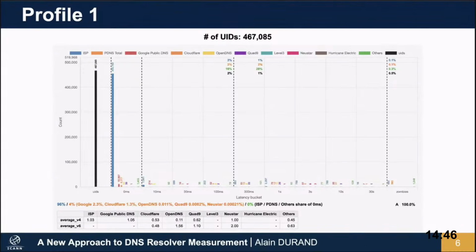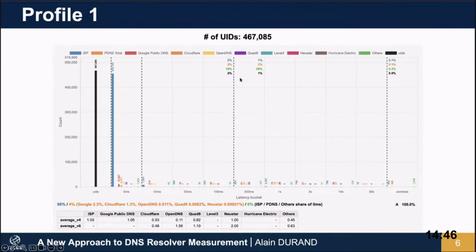This is one profile out of many. It's a profile that serves about 500,000 probes. What we see here is that on this service provider, 96% of the traffic goes to the ISP resolver. Only 4% goes somewhere else. This is typical of some profiles that we see elsewhere in Europe and in the US.